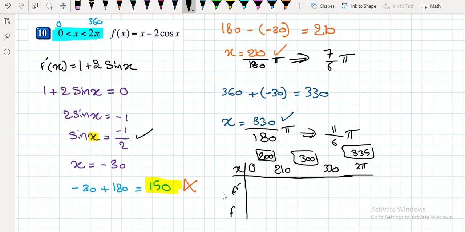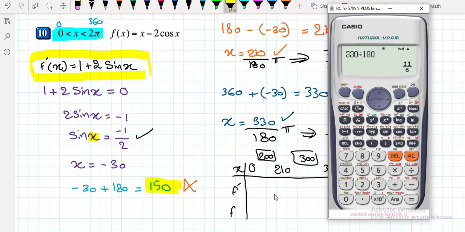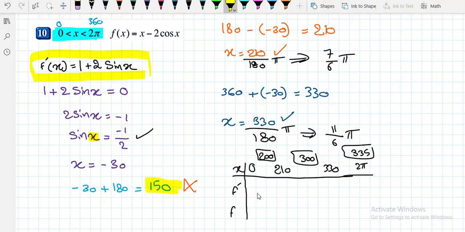Alright. Now, substitute these into the derivative here, and let's see if these numbers make the derivative positive or negative. Again, calculator. 1 plus 2 sine 200. Result is positive. I don't care about 0.3. I care about the sign.